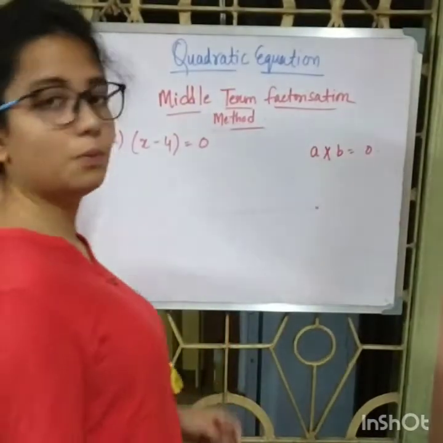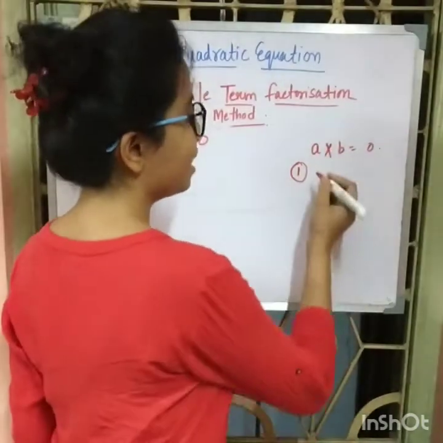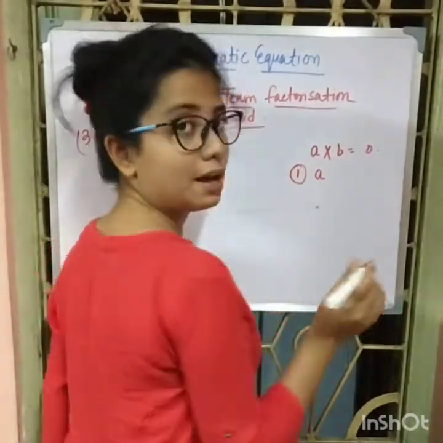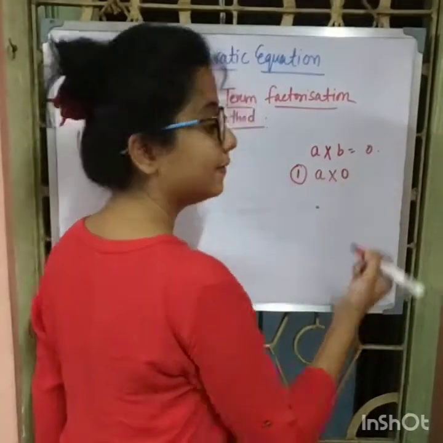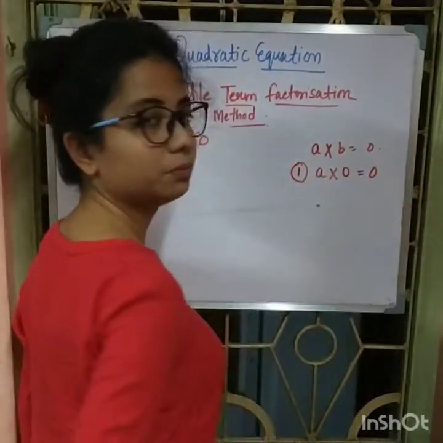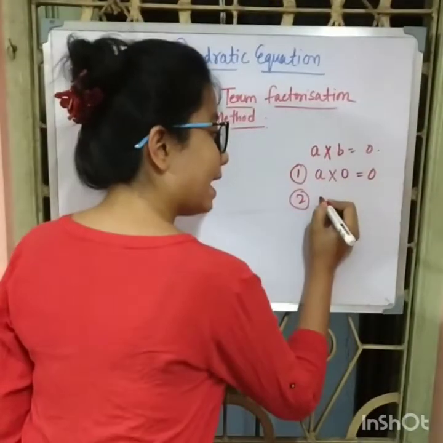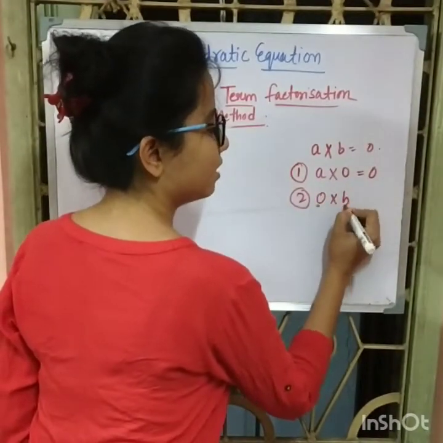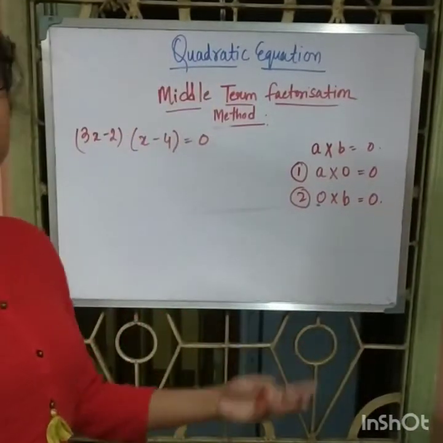Number one is either A is a number or a digit and B is 0. Then also the answer is 0. Number two possibility is A is 0 and B is any other number. Then also the answer is 0.